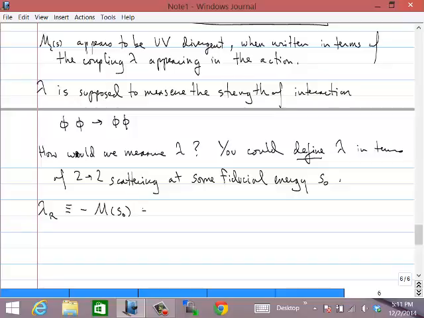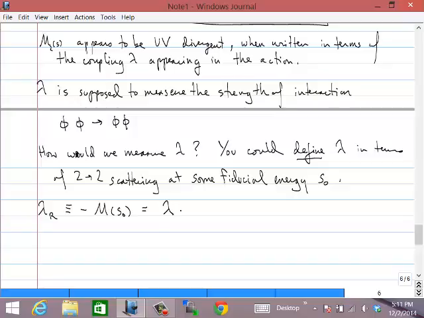So you could then go ahead and compute this in terms of the coupling constant lambda that appears in the action. So we have two different coupling constants. There's the lambda that appears in the action, and then there's the thing that you would actually observe and call a coupling constant when you perform an experiment. If you just go ahead and write down what we got earlier, M is M1 plus M2.